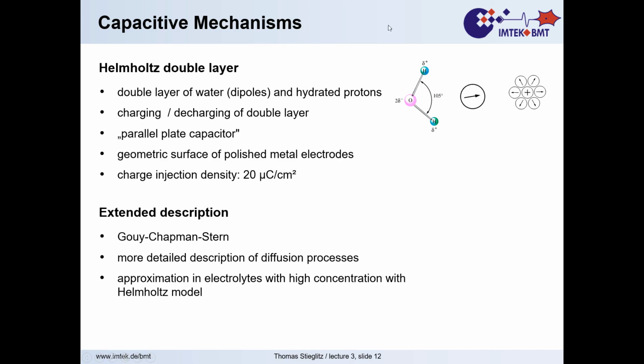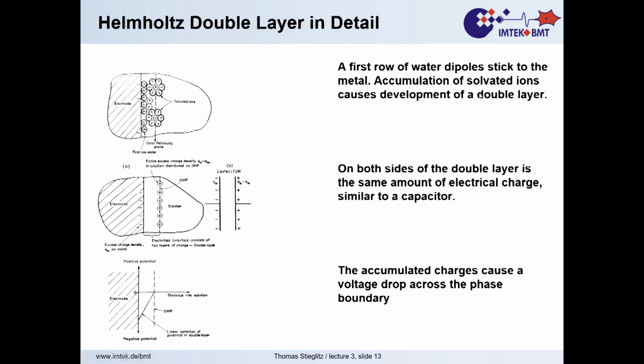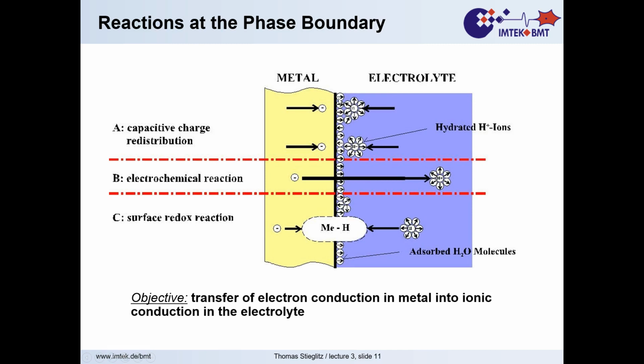So I jump now back and forth. Water is H2O. We have two hydrogen atoms at an angle of 105 degrees and an oxygen atom. The oxygen is more negative than the hydrogen, and therefore we can draw a circle and say this is an electrical dipole. If we jump back, you see all those circles here. These are water dipoles. That's called the inner Helmholtz double layer. Helmholtz discovered that, therefore this layer is named after him.